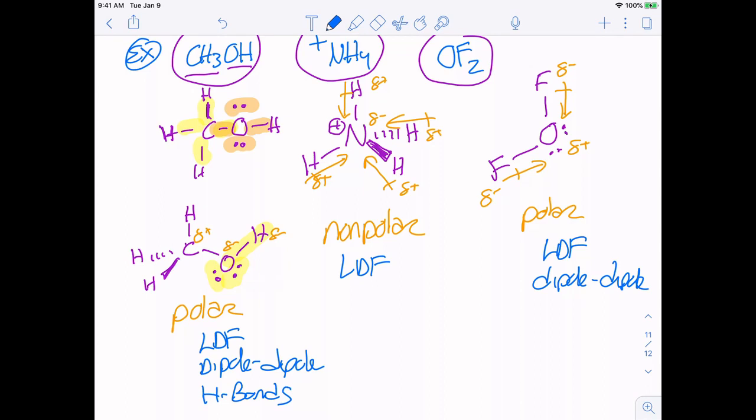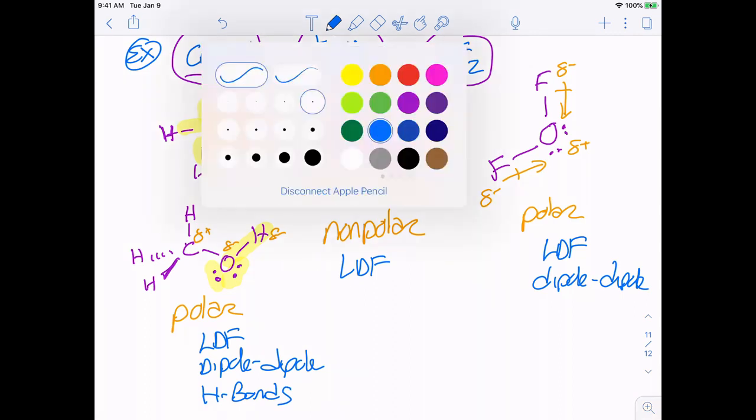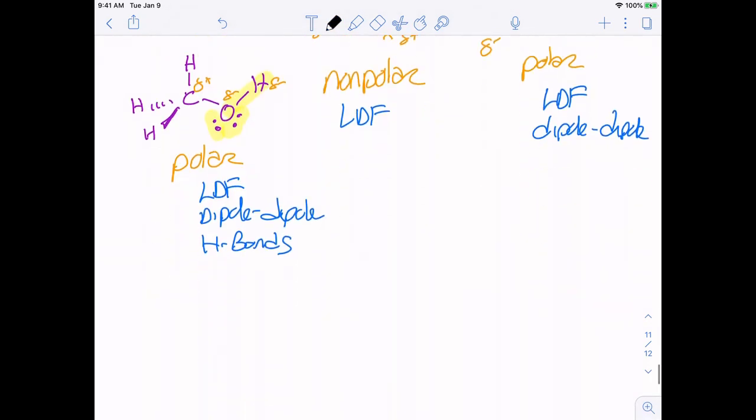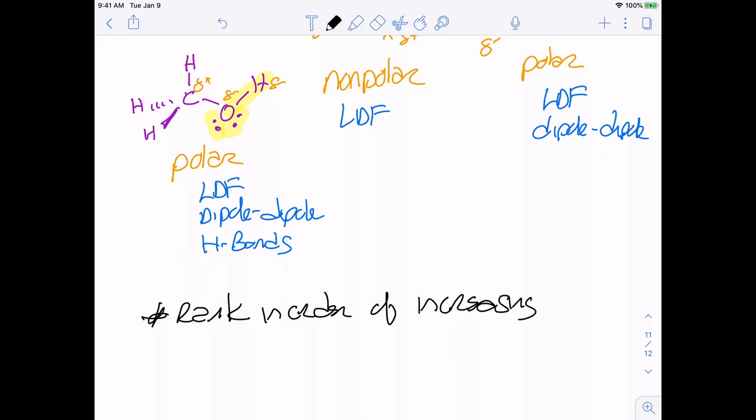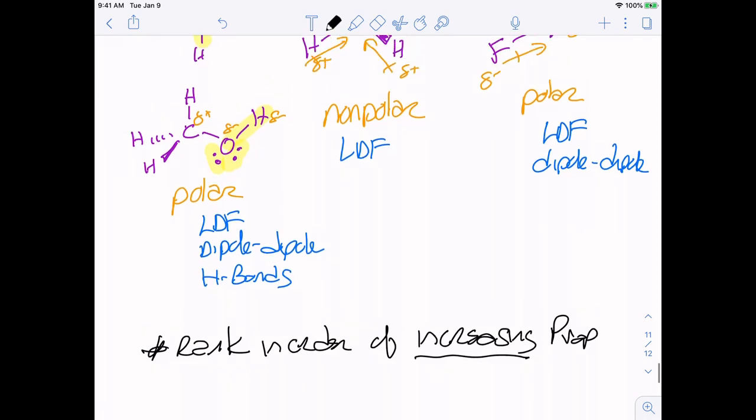So let's rank these ones in order of increasing vapor pressure. And be careful how I ask the question. I could say decreasing also, so do pay attention to if I'm saying increasing or decreasing. So when I say increasing, I want it to get bigger as I go. So I want the smallest vapor pressure first, the highest vapor pressure second.